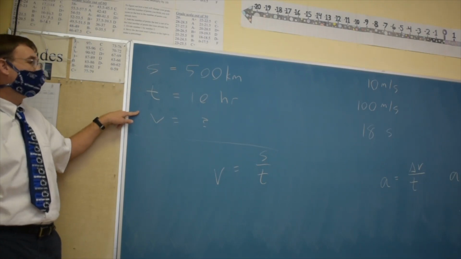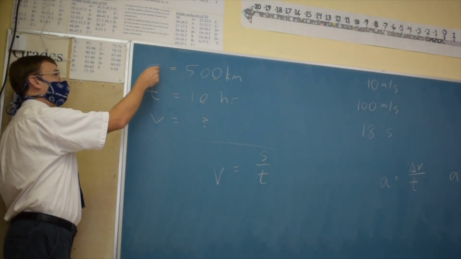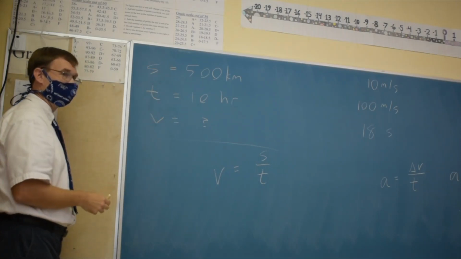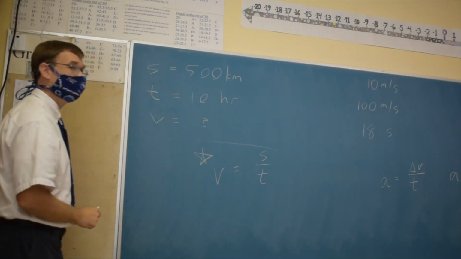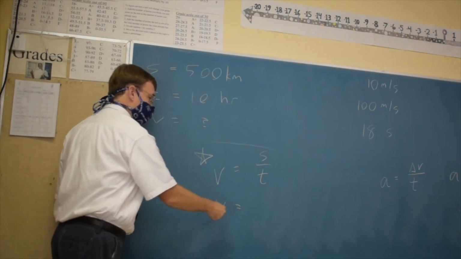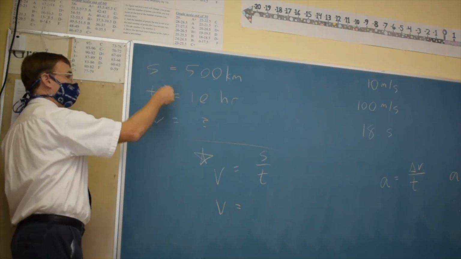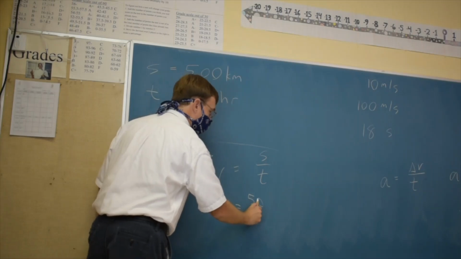And then search through your note card, if you have one: is there an equation in our life that has S, T, and V in it? Yes, this. And then just stick the numbers in it. I don't know the V, so I'll leave that as a V. I do know the S, I'll jam in there 500.